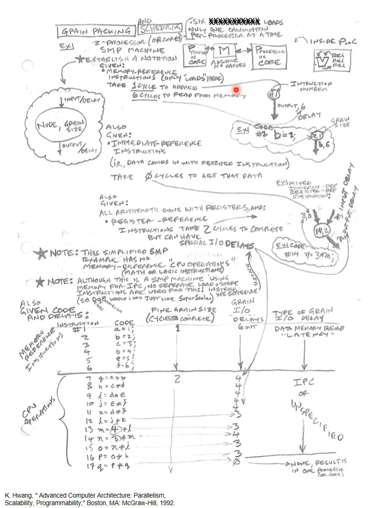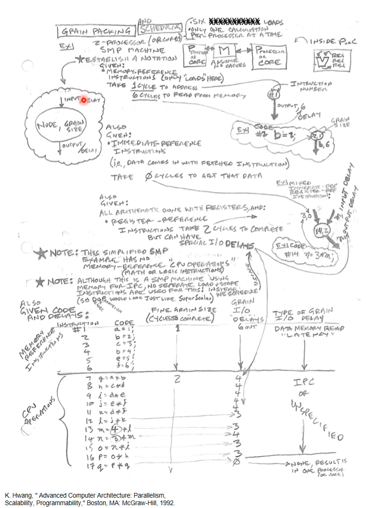The number is just the number of the instruction, and then 6 cycles to do a read from memory, represented as an output, comma 6, for 6 cycles of delay. An example here would be code number 2, B equals 2. Then you would have B comma 6 for the output, B equals 2, and the delay is 6. You consider the grain size of 1 as a cycle time.